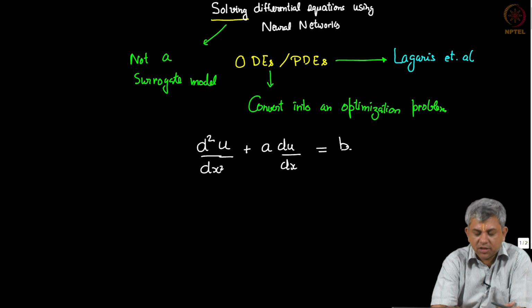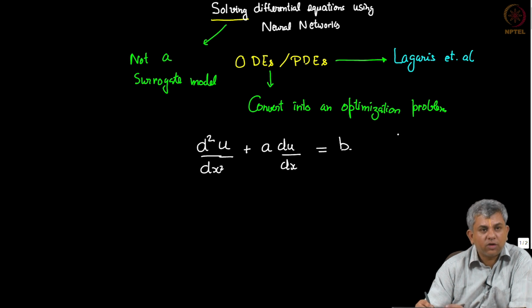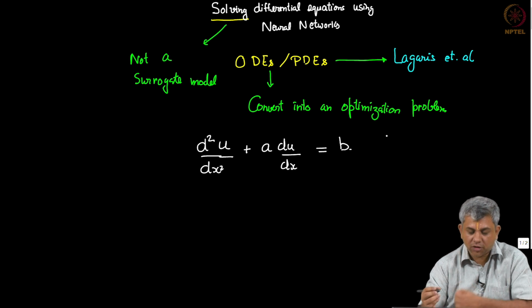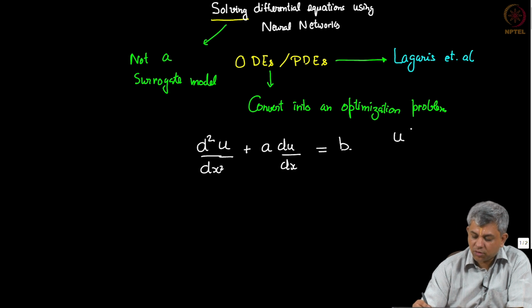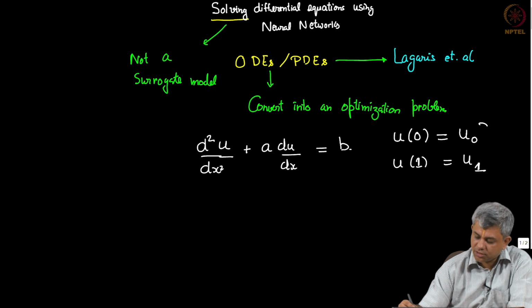Suppose you wish to solve this, you will also be given 2 boundary conditions without which you cannot solve this, it is not a well posed problem. So, let us say u(0) equals u0, and let us say x lies between 0 and 1, and you have 2 boundary conditions.